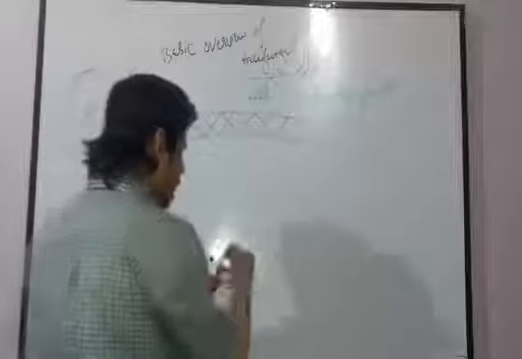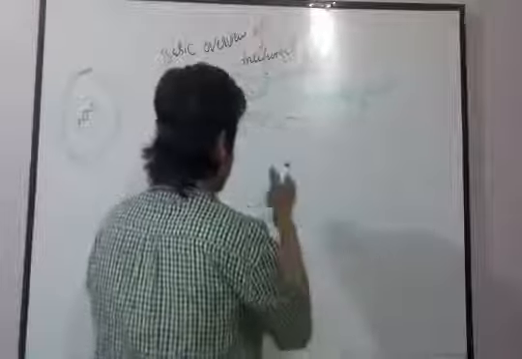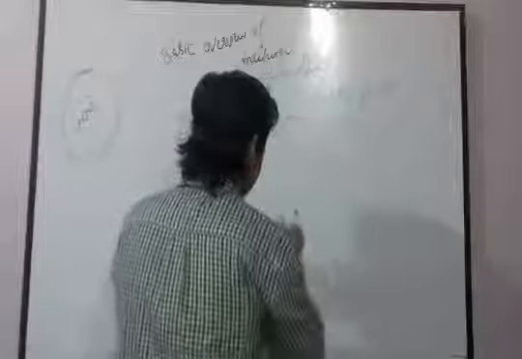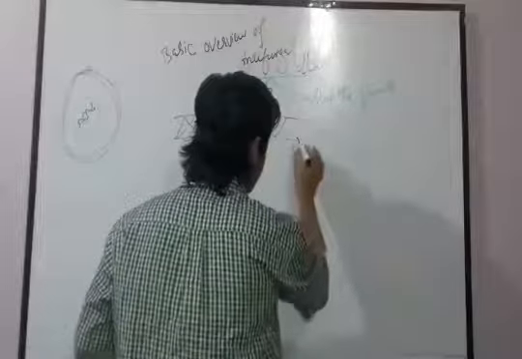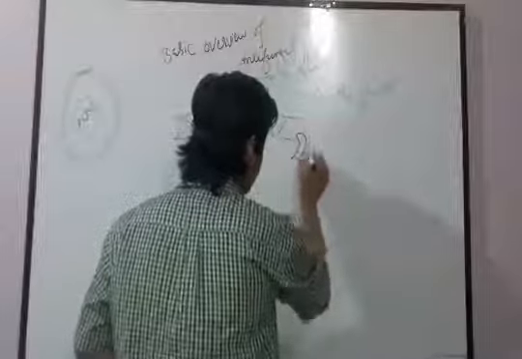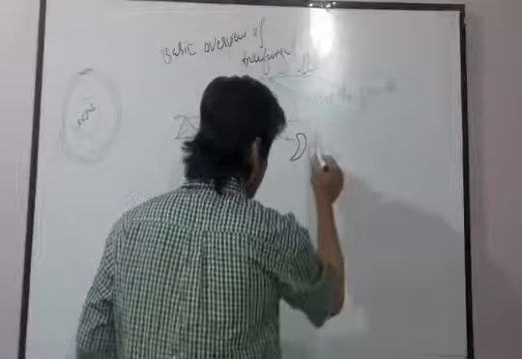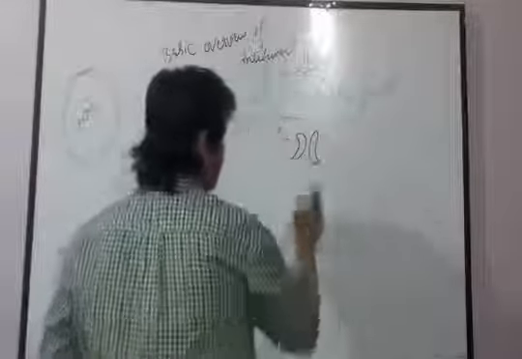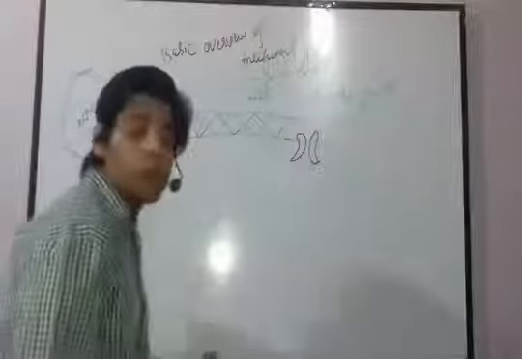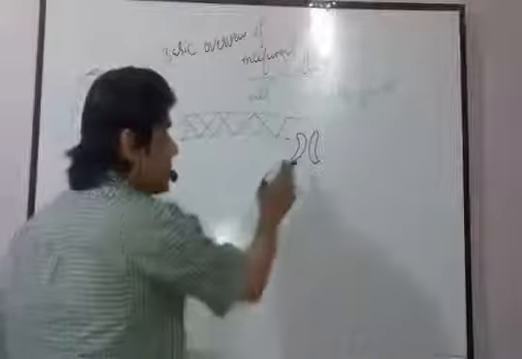There will be an enzyme. Let me draw the enzyme structure here. We usually call it beta glucan synthetase enzyme. So the enzyme will look like this. Now this is the beta glucan synthetase enzyme.